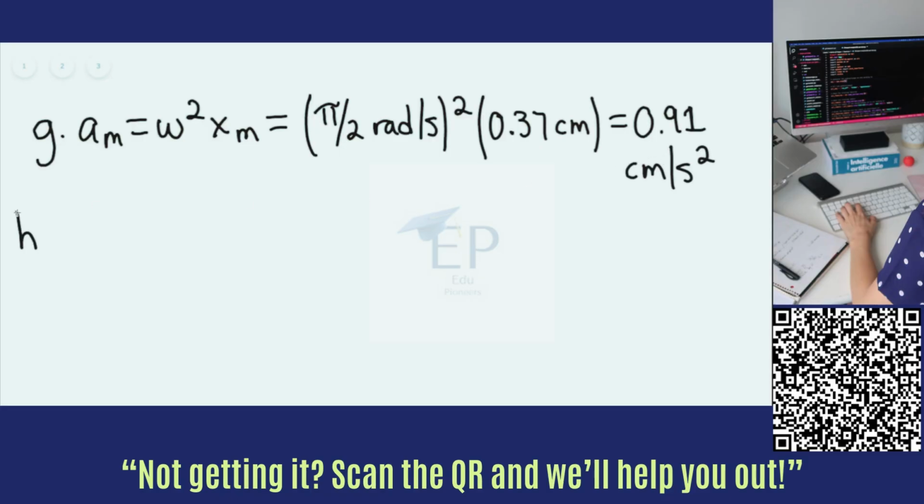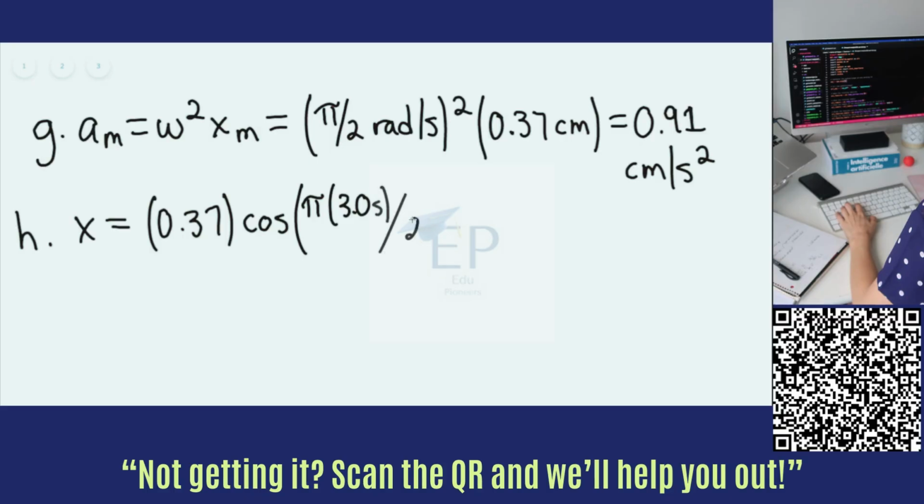For part H, making sure that our calculator is in radians mode, we're going to set x equal to 0.37 cosine of pi times 3.0 seconds, divided by 2.